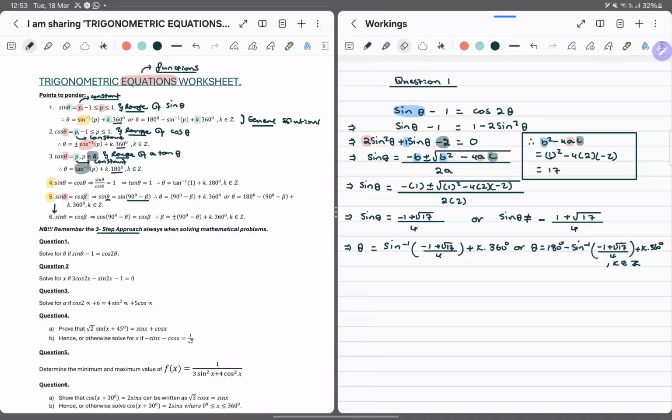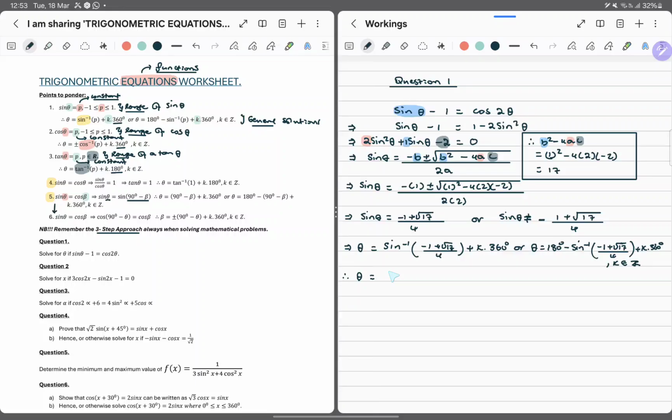Actually, at this point we can just sort it out and say therefore theta will be, so let's do it. We're going to say arc sine of minus 1 plus square root 17 all over 4. So that's exactly what we are doing here.